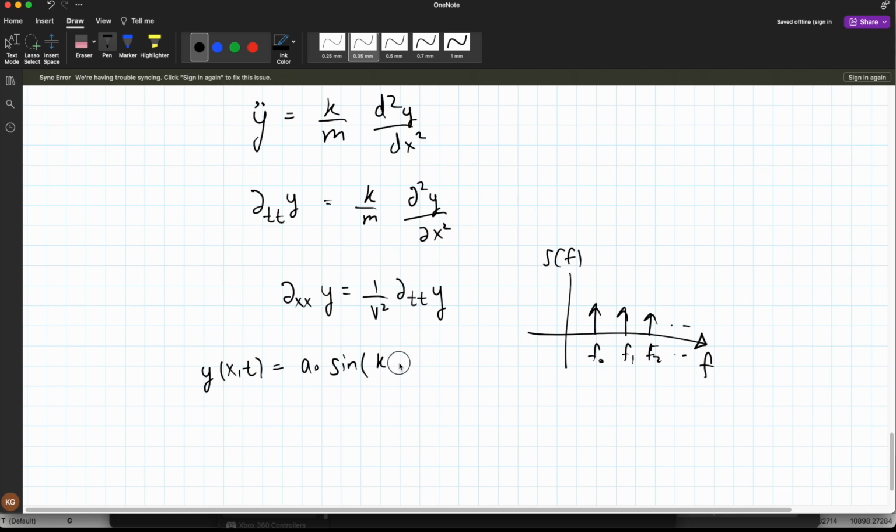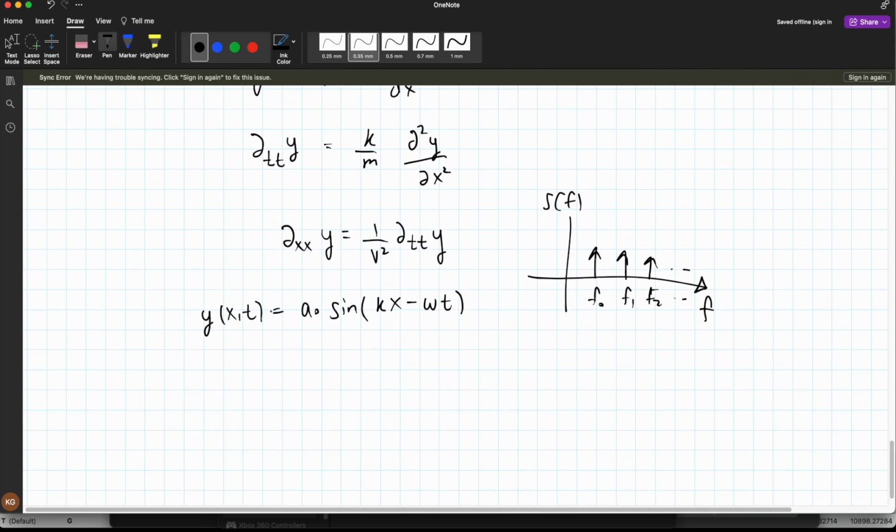I'm not sure what other letter to use. That's the typical letter. If we plug in this potential solution into here, well, let's see what happens. If we take the second derivative of a sine, we get back another sine. Ready? d xx of a naught sine kx minus omega t.